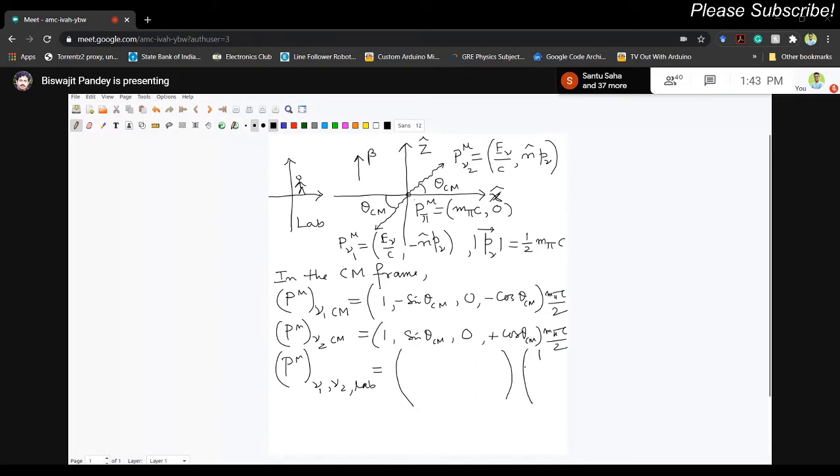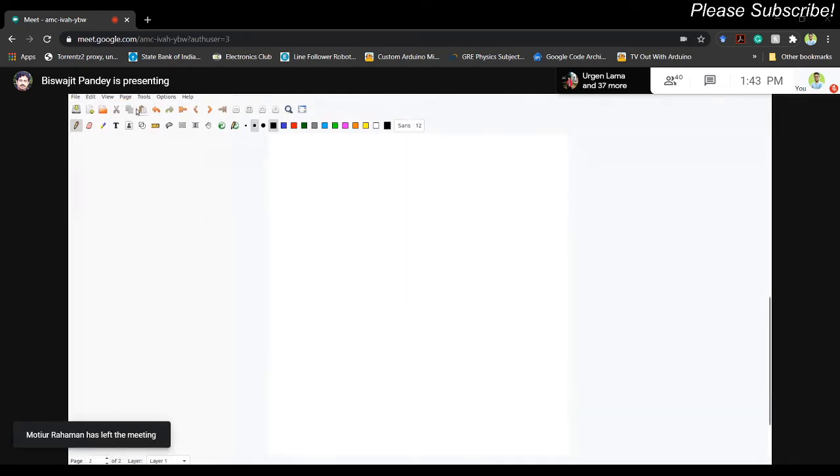One, I'm not writing them separately because they're quite identical, other than this minus plus sign, sine theta cm, then 0, then plus minus cos of theta cm. And there was this m pi c by 2. Maybe these things are not clear. Let me just rewrite it. Maybe I can go to the next page.